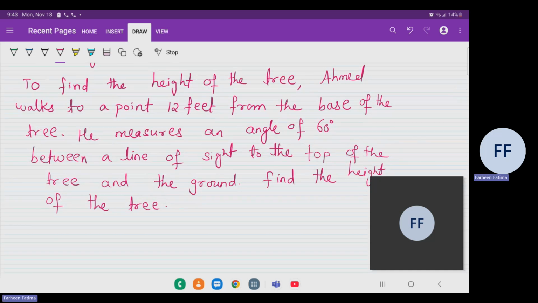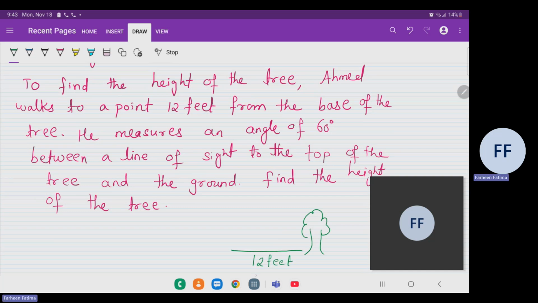Okay, students, you have to be careful with what is given in the question. To find the height of the tree, Ahmed walks. See, there is a tree. Ahmed walks 12 feet from the base of the tree.